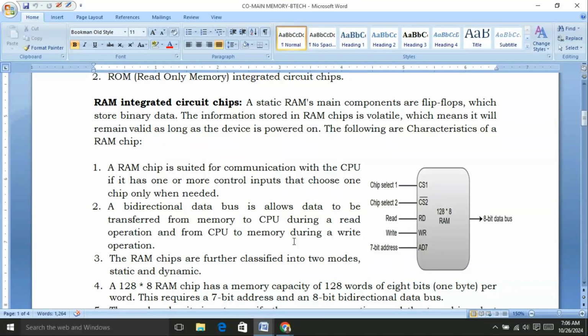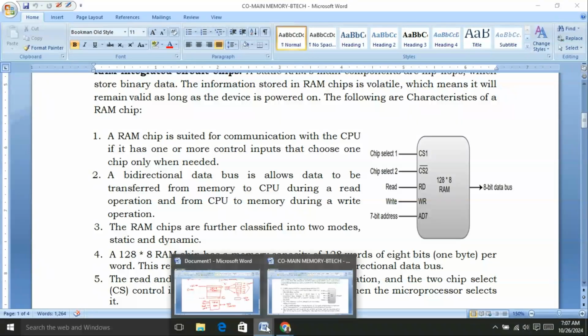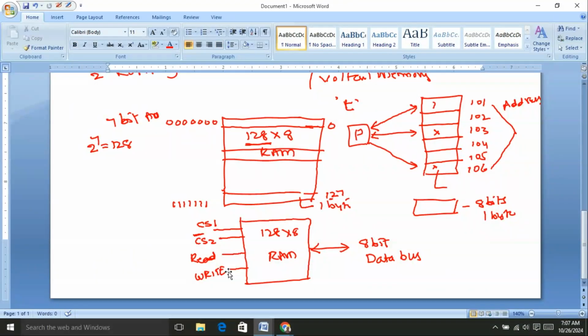So please consider this is the RAM chip, that is CS1, chip select 1, and another one is CS2 bar, that means chip select 2, and another one is read and write. Here I also forgot one thing, that is the 7-bit address.